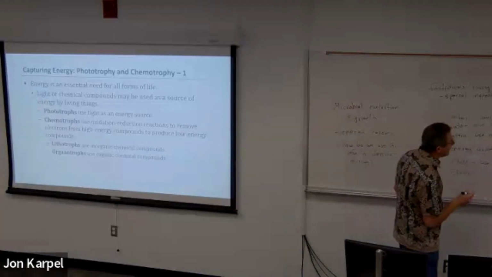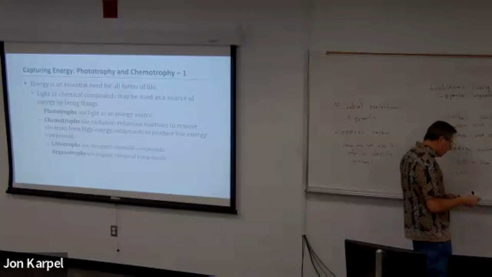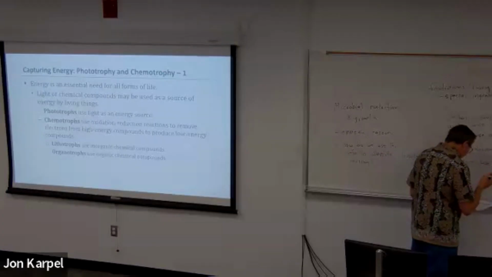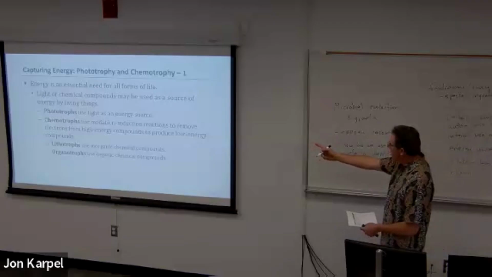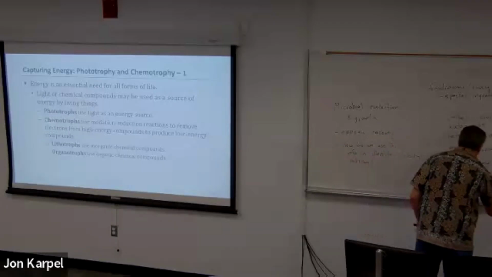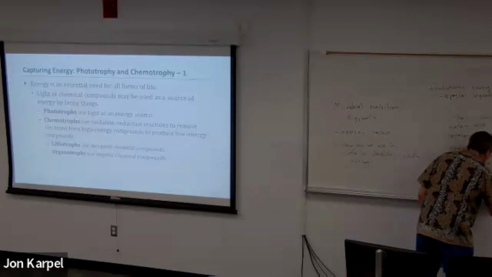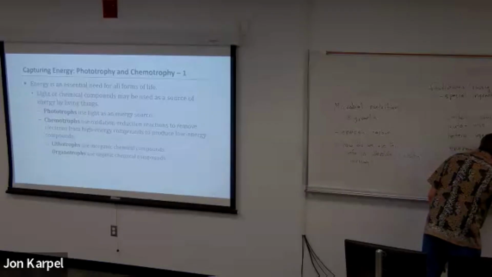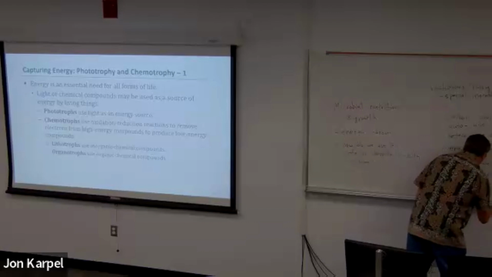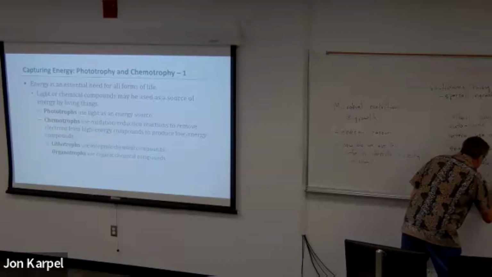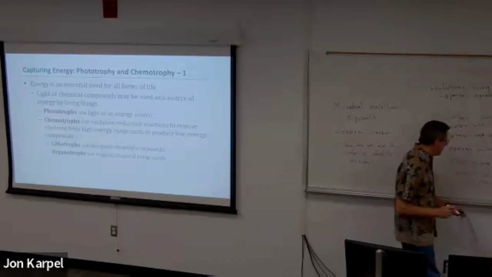But the basic idea here is that they're going to use either inorganic or organic compounds to get their electrons, basically. Okay, so I'll just say use inorganic or organic compounds instead of light for their energy.